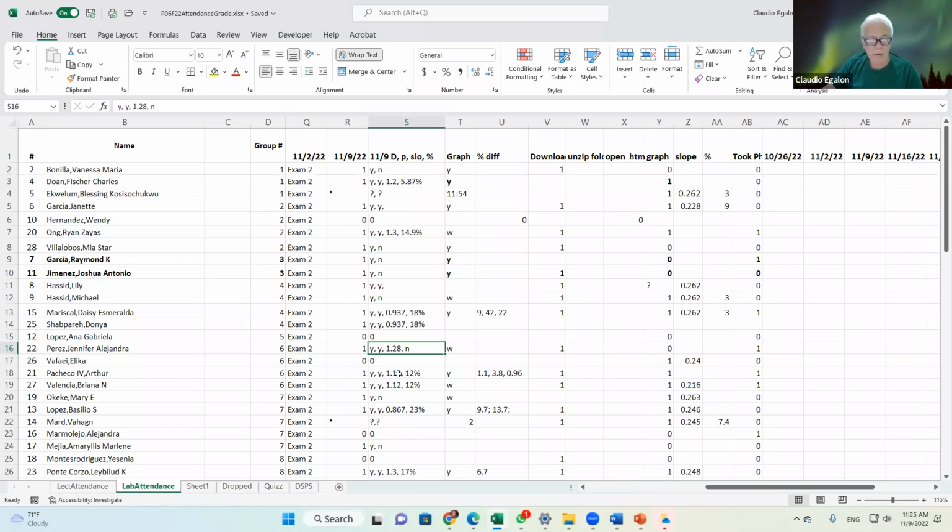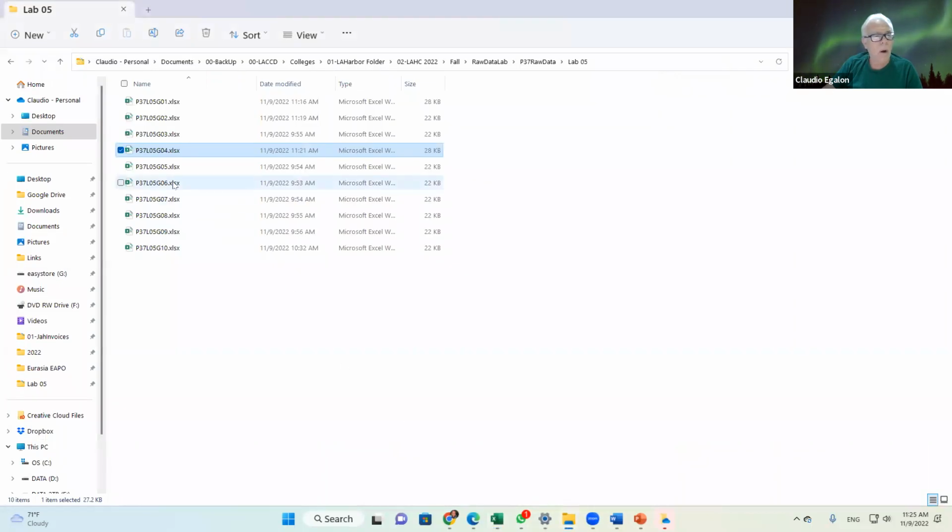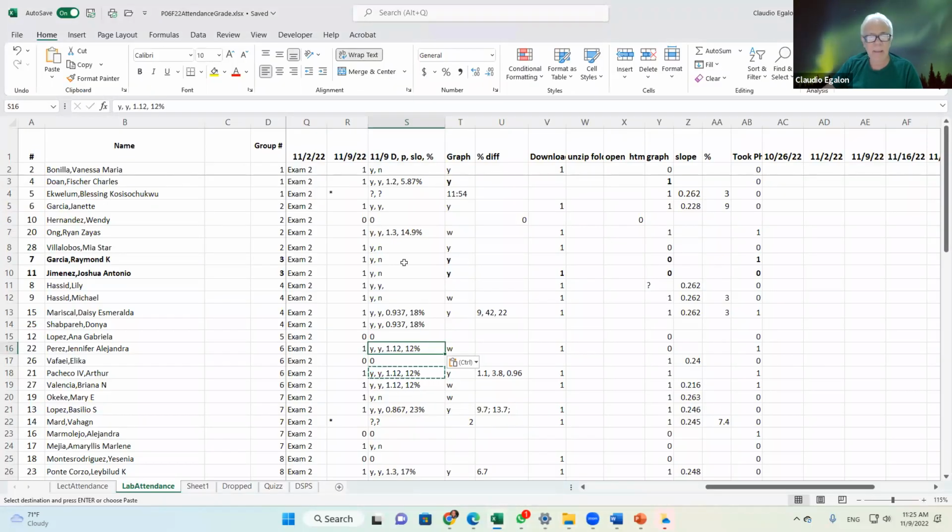It should be the same, right? It should be 1.12, right? So can I? Okay, good. So let's just do group number 6. Let's plot that.